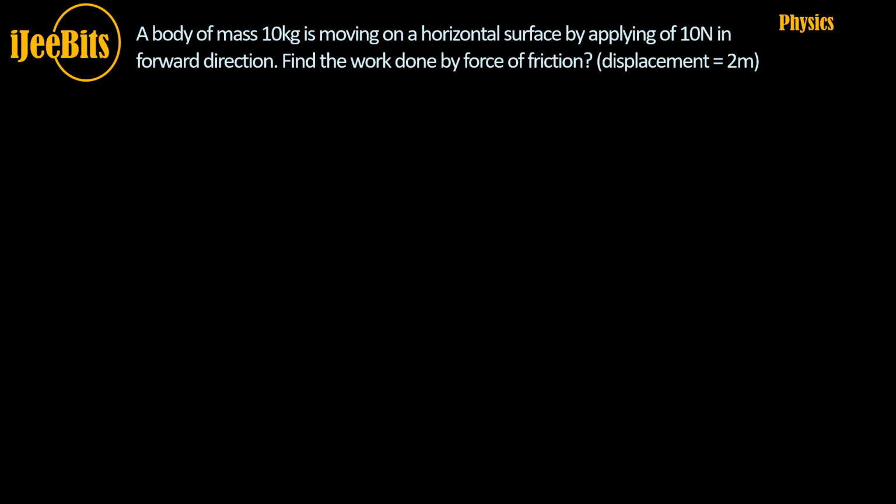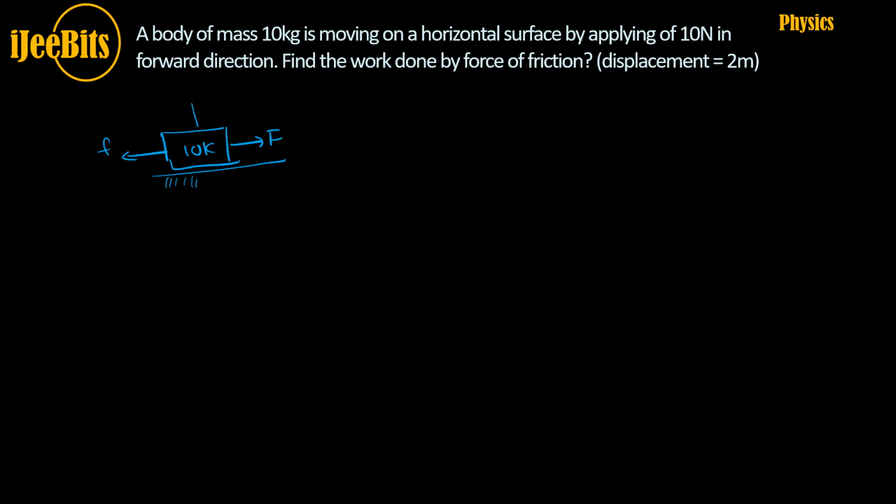Next problem. A body of mass 10 kg is moving on a horizontal surface by applying 10 newtons in the forward direction. Find the work done by the force of friction. What we are saying is we have a body of 10 kg. Force is applied in this direction and the frictional force in the opposite, negative direction.